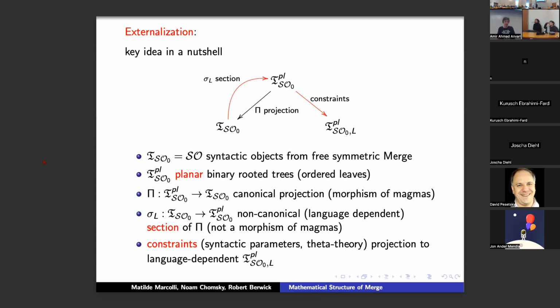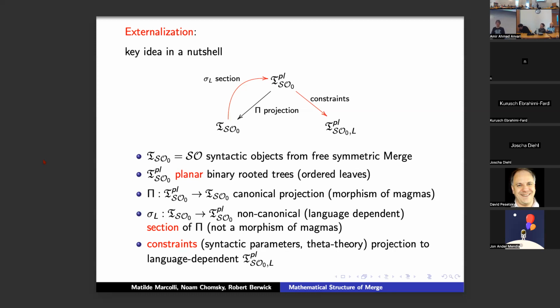This time ordering forces some planar embedding of these trees. I'm going to try to describe, in the setting that we have, how one should think of this externalization process that picks a planar structure for the trees. I'm going to describe it as a two-step procedure. The first step is sort of taking a one-way street in the wrong direction, and the second step is killing off a lot of stuff.